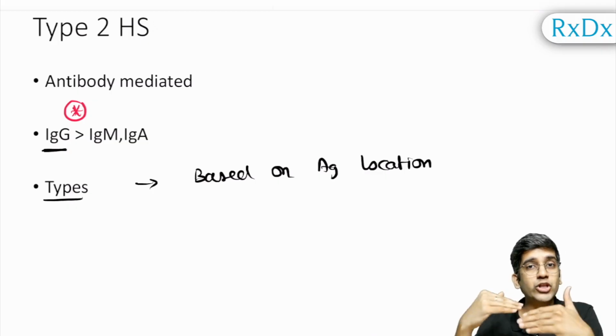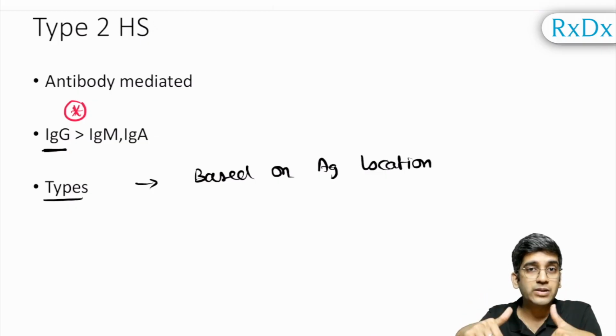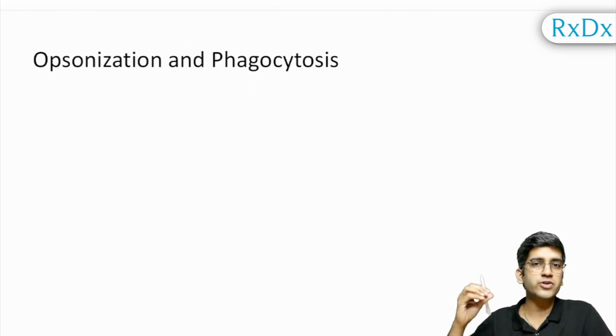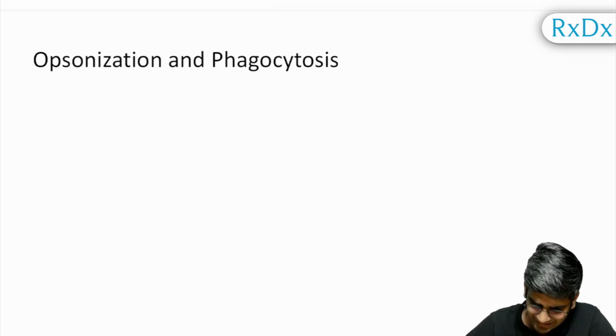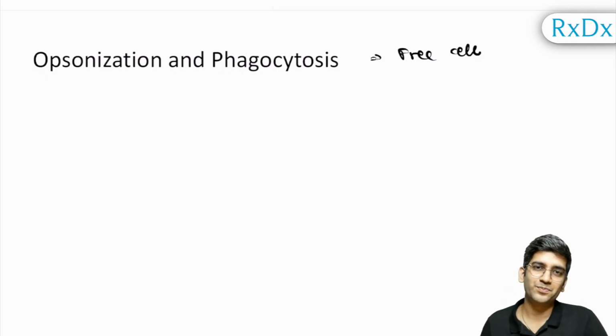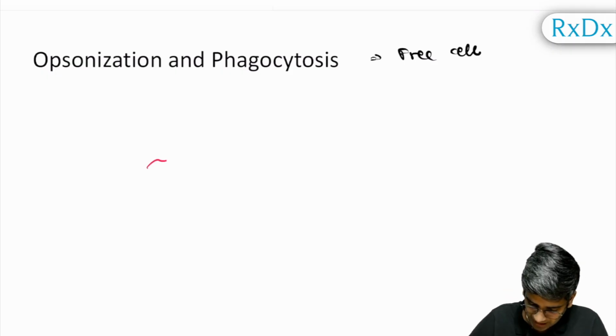So based on the location of the antigen, I have three subdivisions of type 2 hypersensitivity. The first one is very simple, opsonization and phagocytosis. Just write one single word here. This happens for free cells. The best examples of free cells are RBC, WBC, platelets. That's all. Let's say you have an RBC here. On top of that, I have an antigen against which I have an autoantibody.